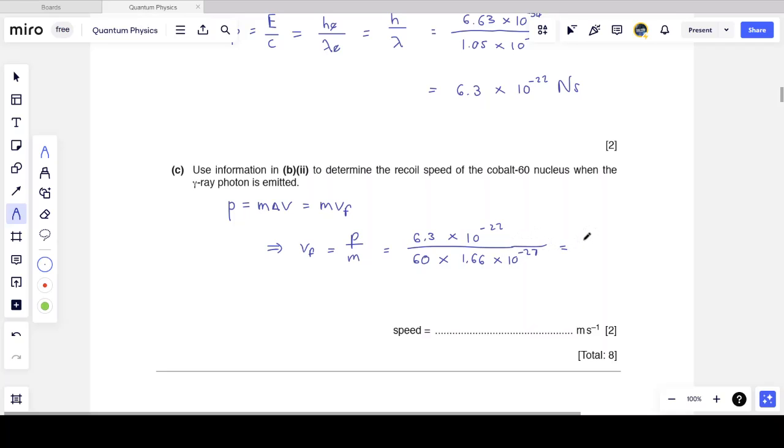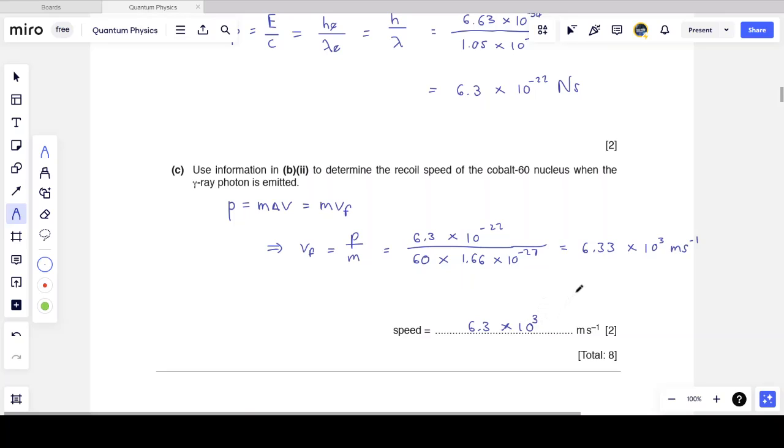And so if we do this calculation, what we get is 6.33 times 10 to the power 3 meters per second. So even though cobalt is quite heavy, it has a significant recoil speed, 6,300 meters per second. Two significant figures, that's 6.3 times 10 to the power 3 meters per second.